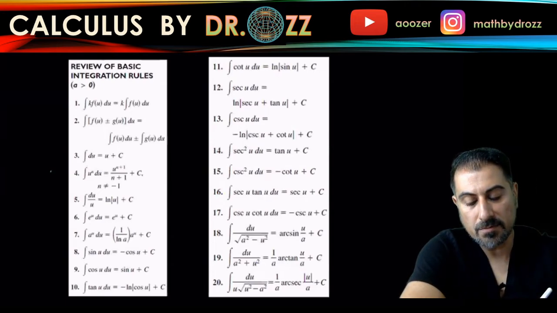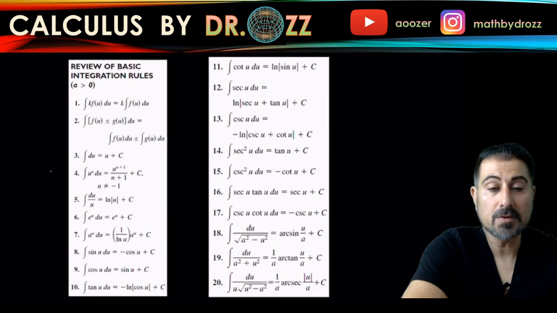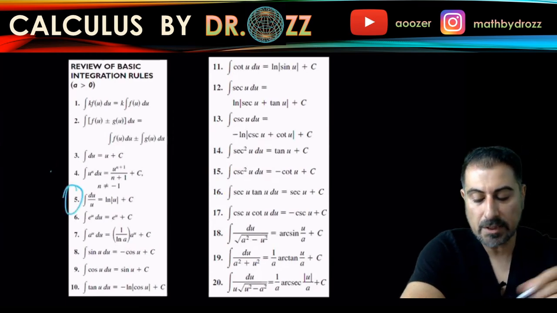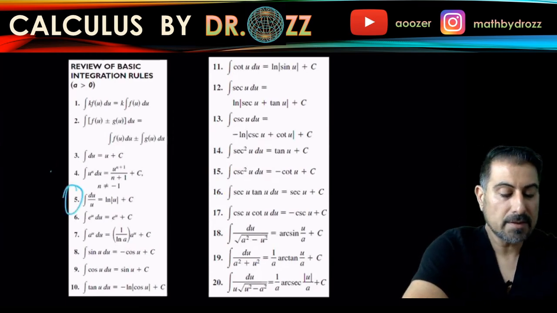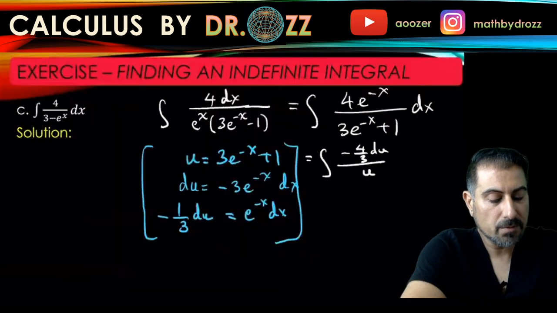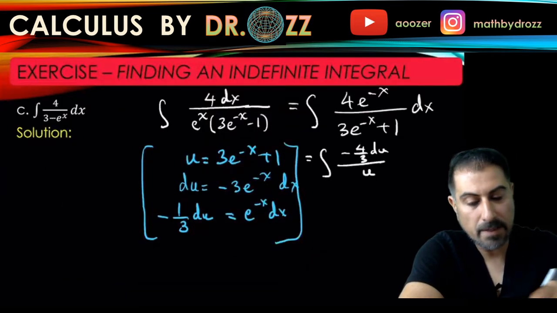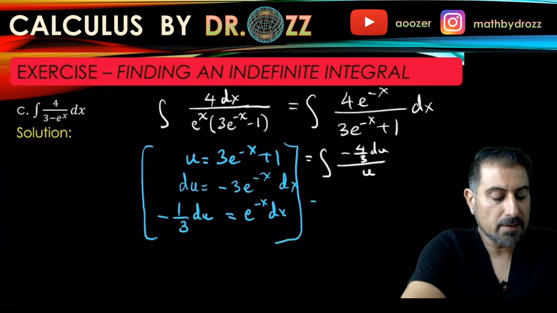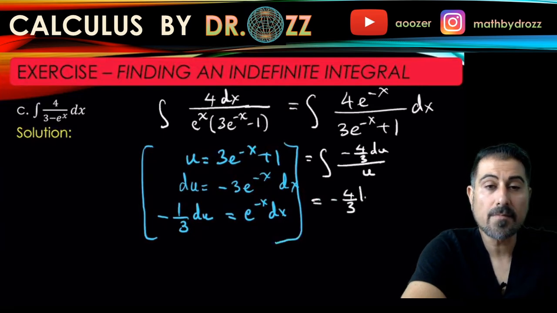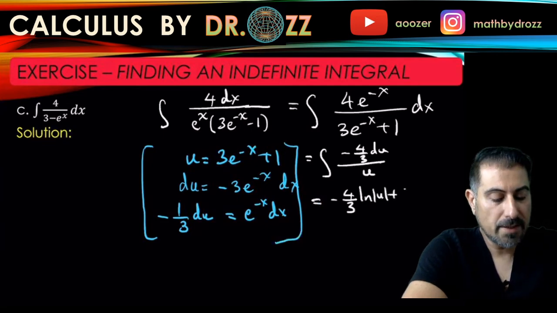Du over u is ln absolute value of u plus c. So we're almost done, right? I'm going to integrate this as negative 4/3 ln absolute value of u plus c. And u is originally 3 e to the minus x plus 1.